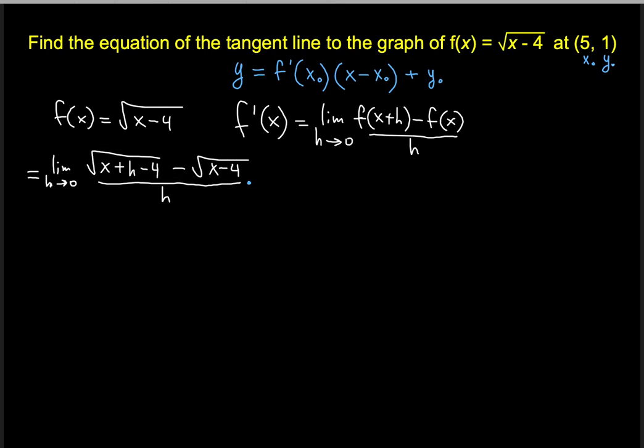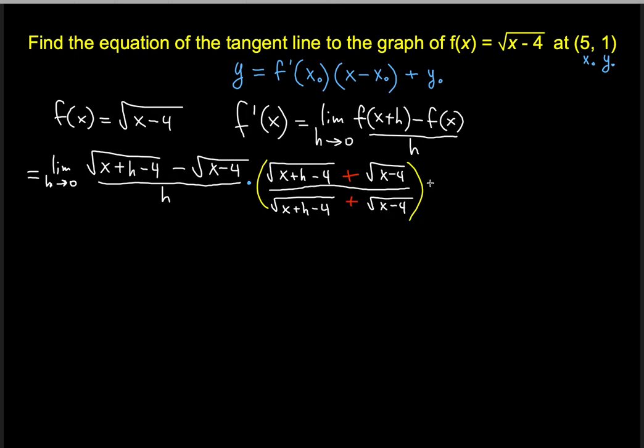So we will need to multiply both the numerator and the denominator by the conjugate, which is going to be the square root of x plus h minus 4, plus, instead of a minus, the square root of x minus 4.